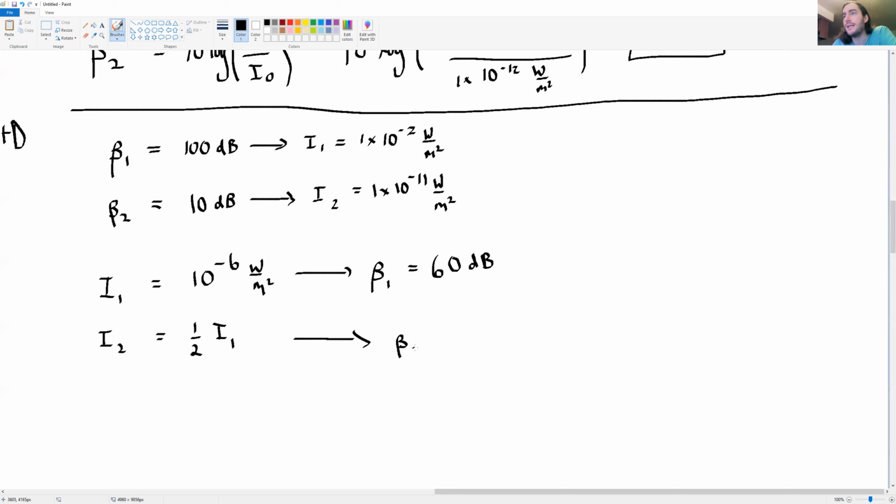Beta 2 is going to be equal to 10 times the log of I2 over I0. That's going to be equal to 10 times the log of 1/2 times I1 over I0.